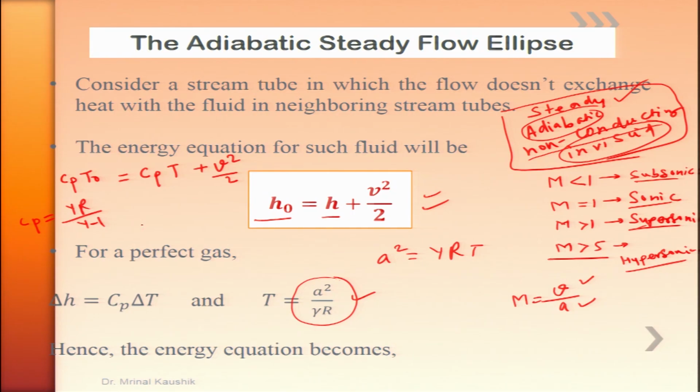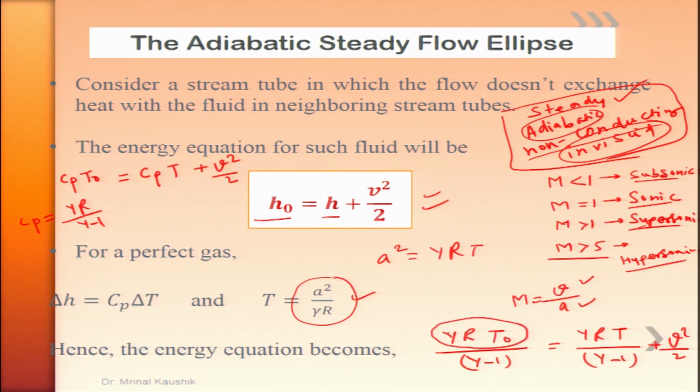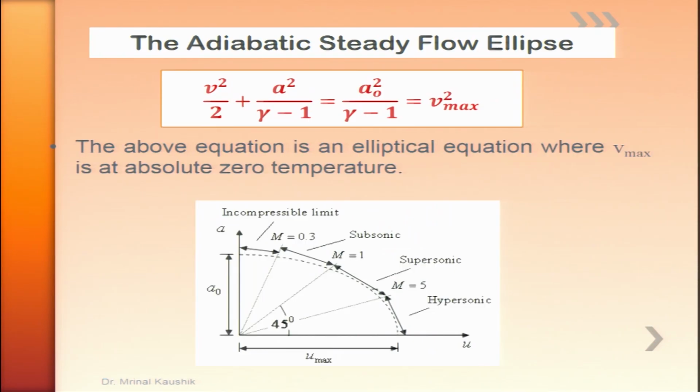If you replace this, then gamma R T naught divided by gamma minus 1 is equal to gamma R T divided by gamma minus 1 plus V square by 2. And since gamma R T naught I can denote as a stagnation speed of sound, A naught square by gamma minus 1 is equal to A square divided by gamma minus 1 plus V square by 2, and that is exactly what is written over here.